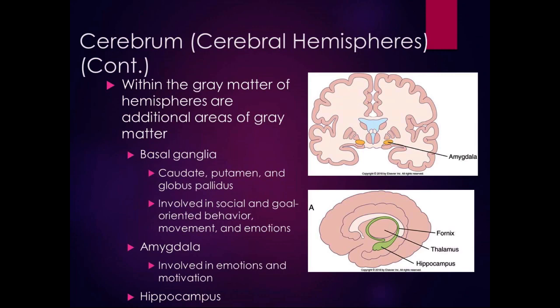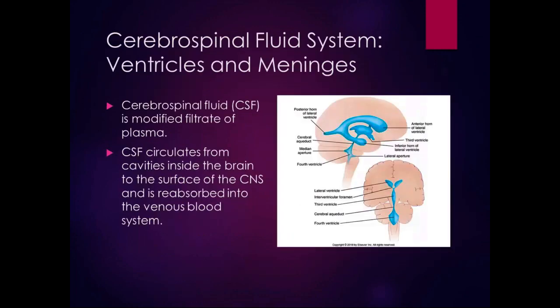We'll talk more about memory later in the quarter, but the declarative memory system includes the hippocampus, but it also includes the fornix and parts of the thalamus and the cerebral cortex. So memory is a very complex area, and the hippocampus is just one of the things that's involved in memory.